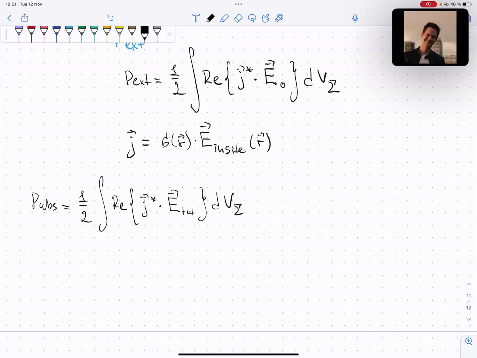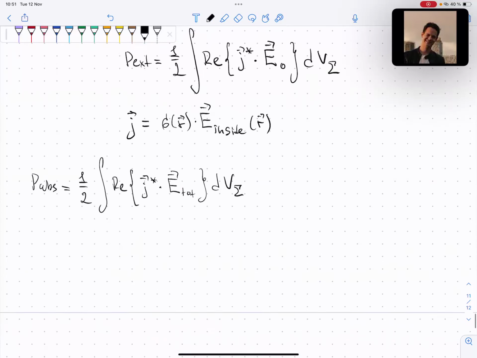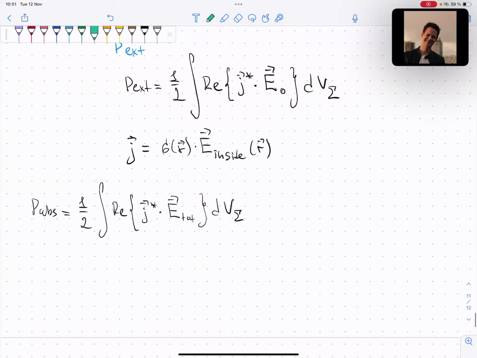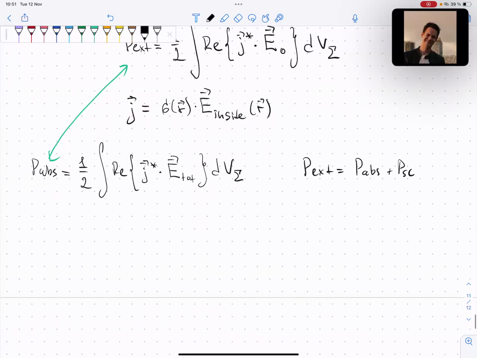And for the scattering cross-section, we can actually get the expression from these two, because extinction power is absorption power plus scattered power. So scattered power is just extinction power minus absorbed power, something like this.